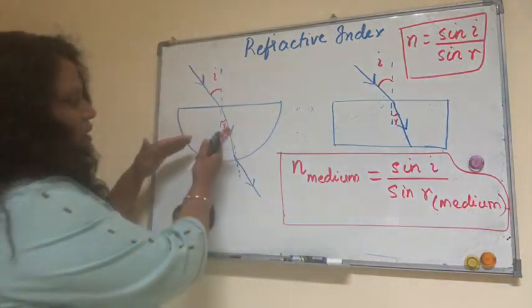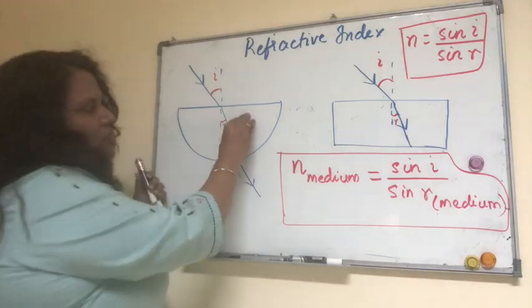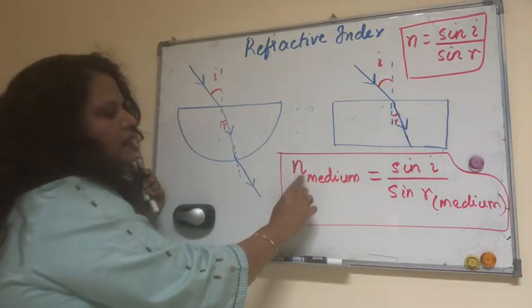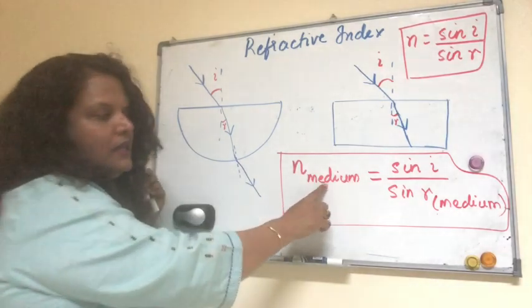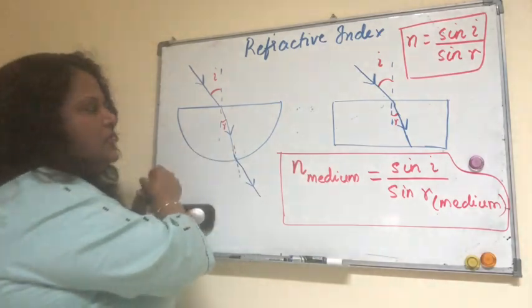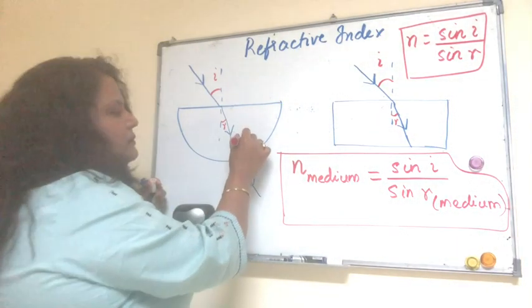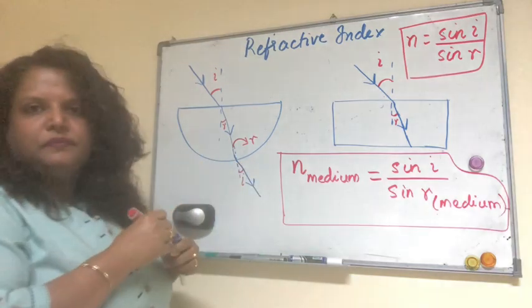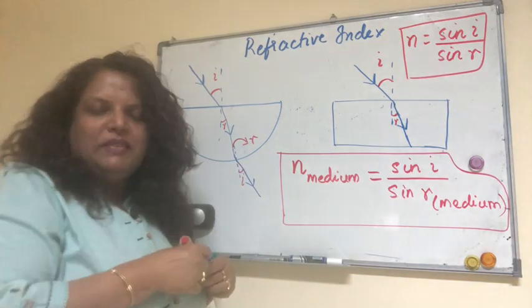Coming to this situation here, if you have substituted n of glass, this is a semicircular glass block. If you take that refractive index, then this angle must be inside the medium. So this angle needs to be substituted. That will be your r and this will be your i. You get what I'm saying?